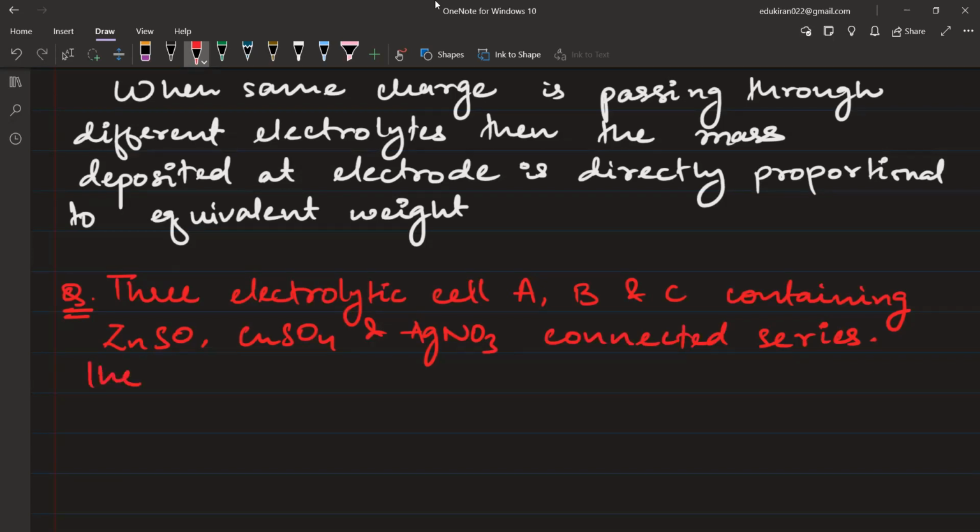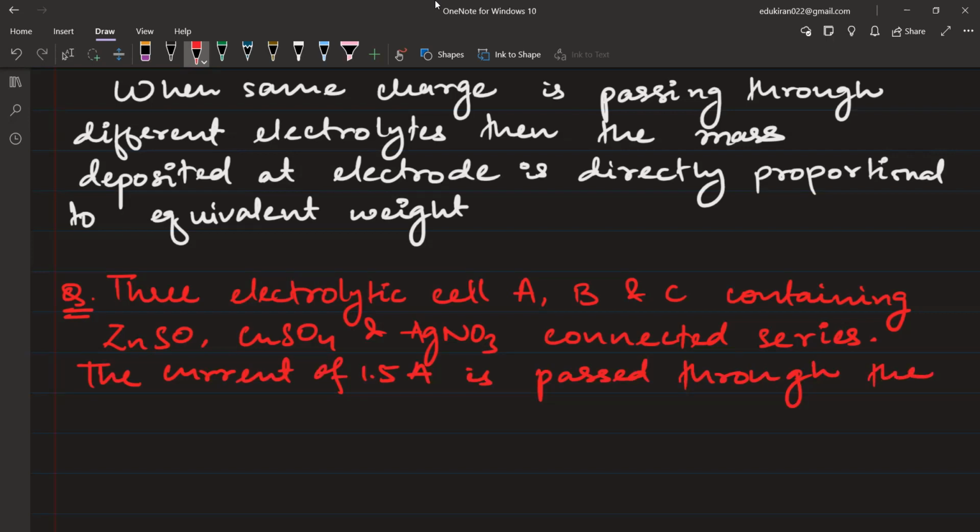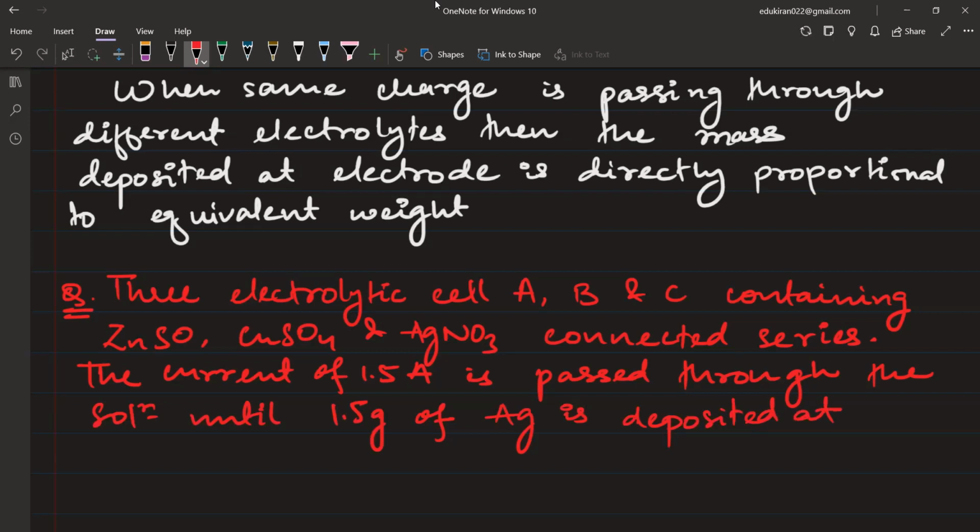A current of 1.5 amperes is passed through the solution until 1.5 grams of Ag is deposited at electrode.